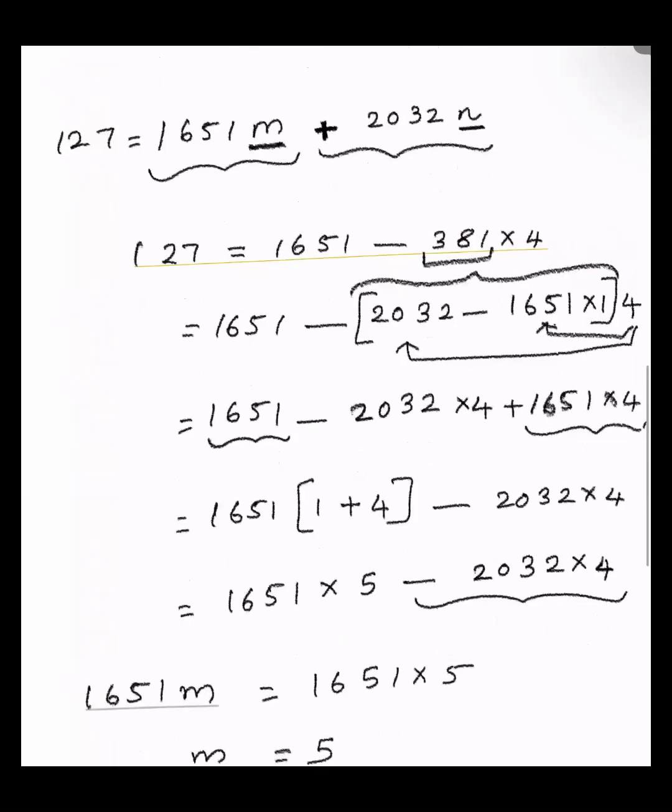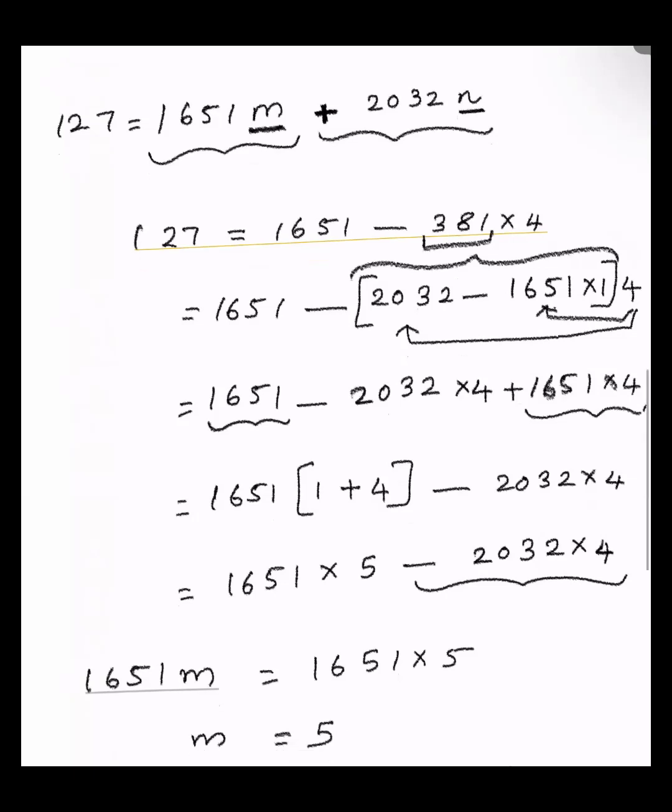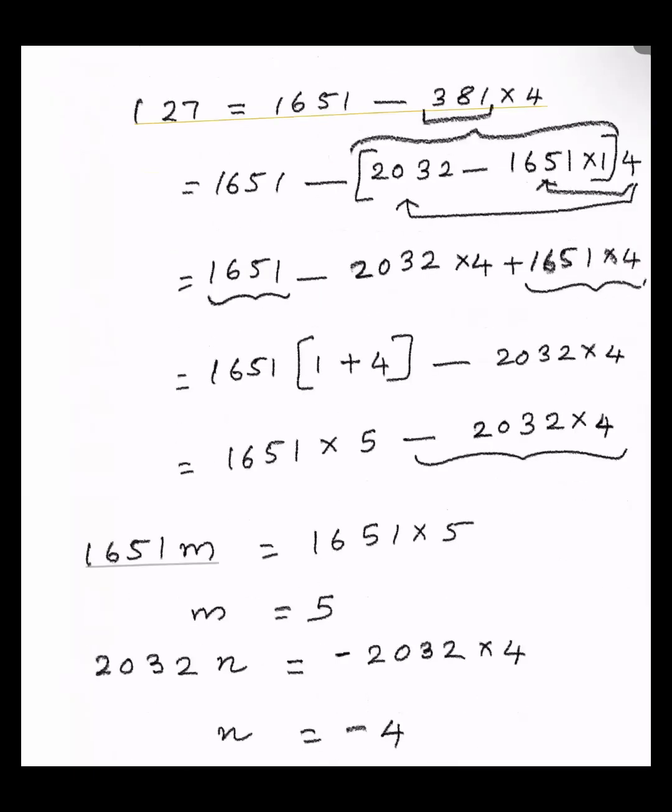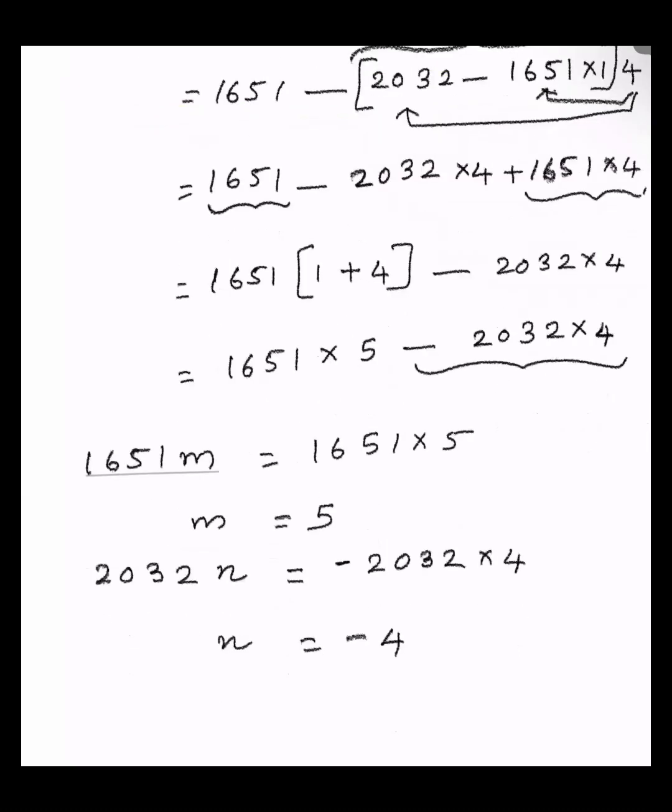But when we did the process, we could express 127 as 1651 into 5 minus 2032 into 4. So because of that, you have to write minus 2032 into 4 and equate n to negative 4.